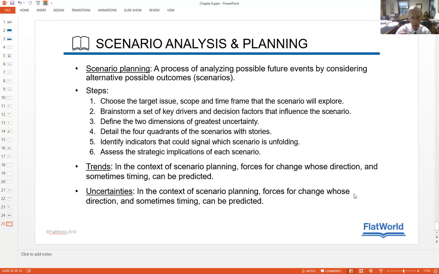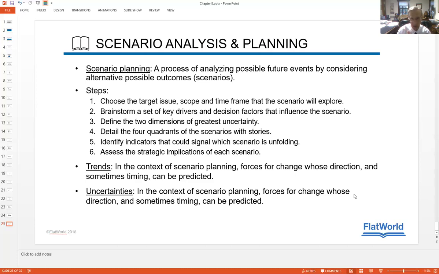At that point, we switch out those assumptions and we switch in the new scenario, the new set of assumptions about the external environment, and alter our strategy accordingly by adopting the contingent strategies that we've been developing.